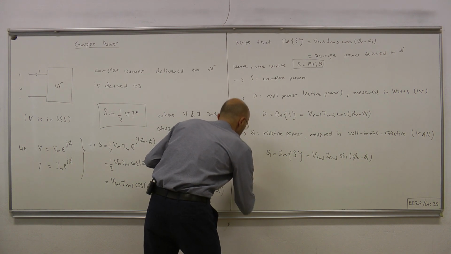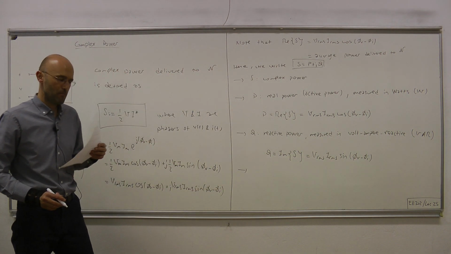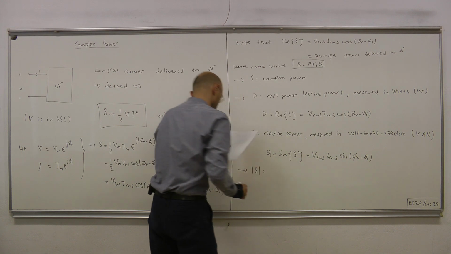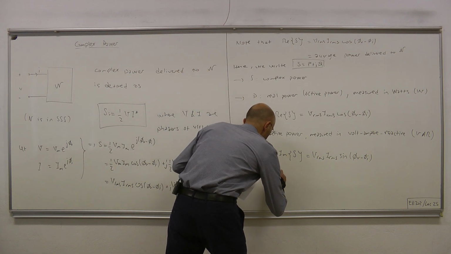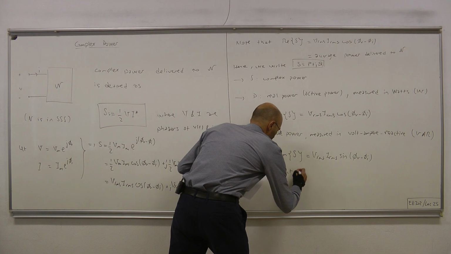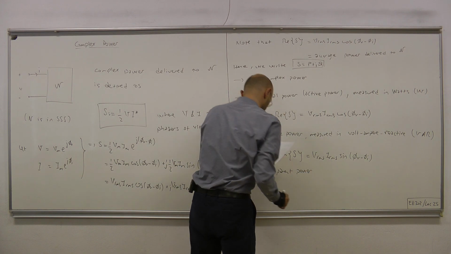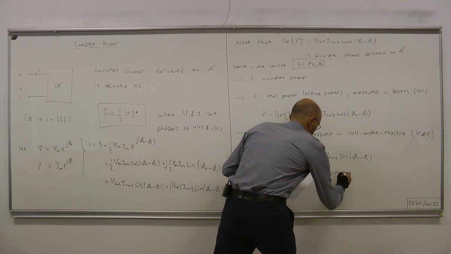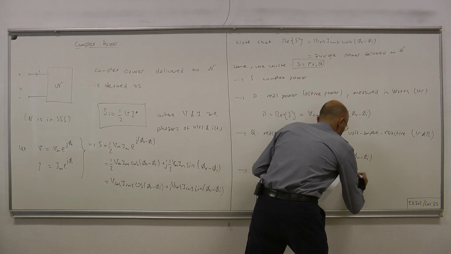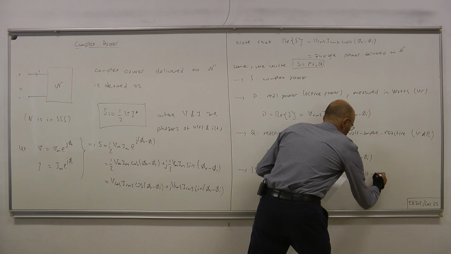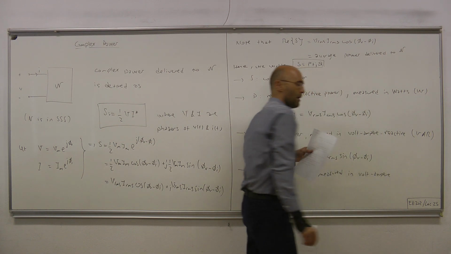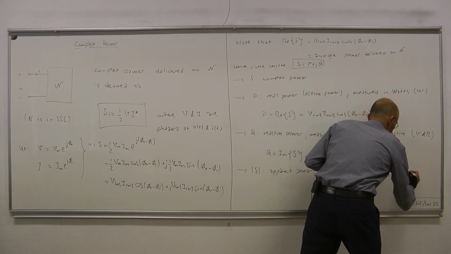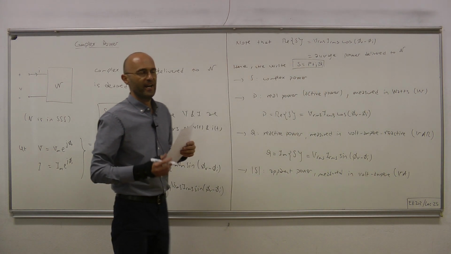And finally, let's also give a name to the magnitude of the complex power. The magnitude of the complex power is called apparent power. And it is measured in volt ampere, without the reactive. So we write VA.